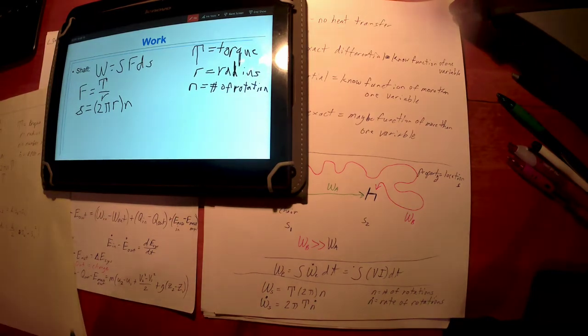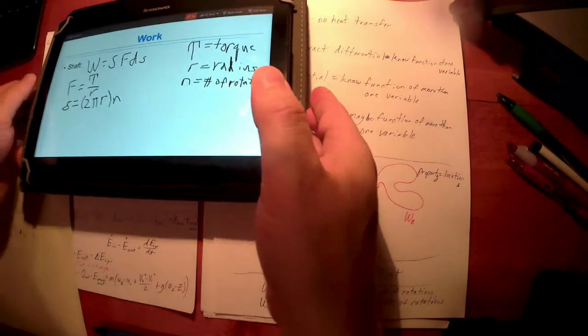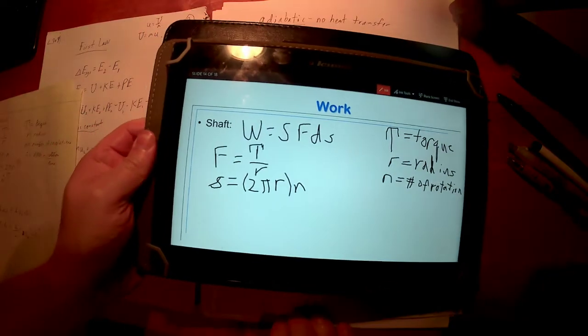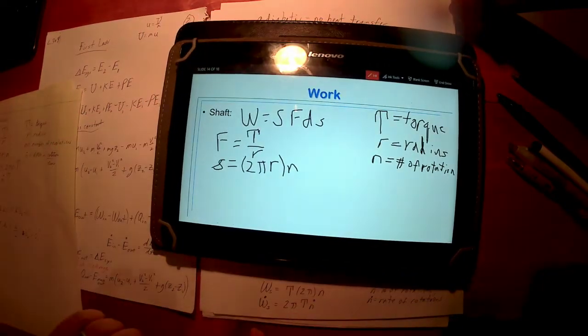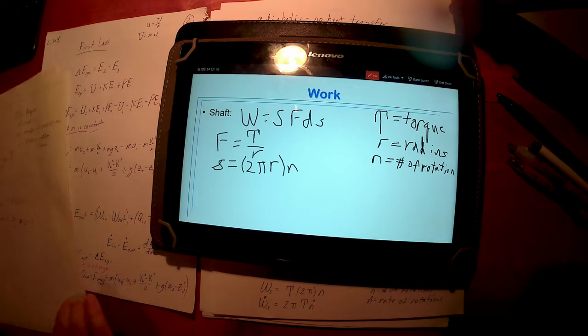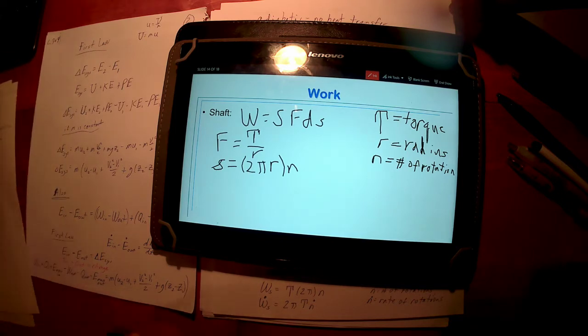Now here's the good news. Most of the time, if I'm dealing with work done by a rotating shaft, it's going to be a quantity that's either given to me or I'm trying to solve for it. But in the event that you do happen to have the torque and the number of rotations, it's not hard at all to compute that quantity.